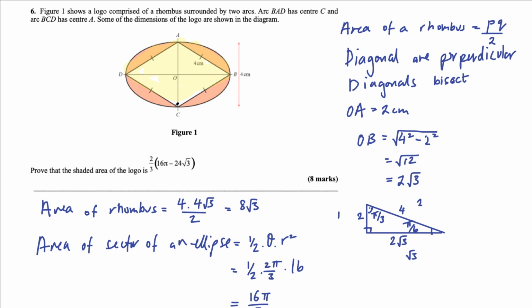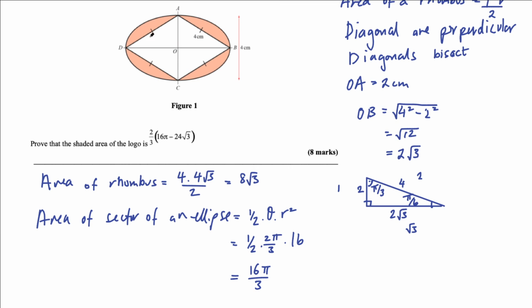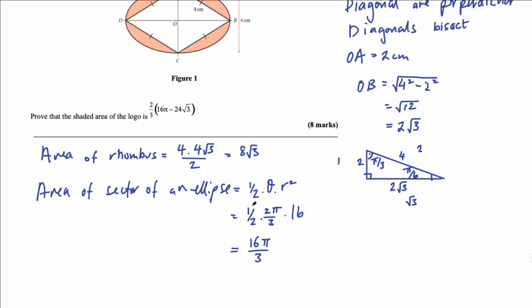So I want to find the entire area of this ellipse. I want to do that again, and it's going to be the same, right? Because these two sectors would have the same area. So the entire area of that ellipse would be 2 times this. So let's do 16 pi on 3, multiplied by 2. That would be 32 pi on 3.